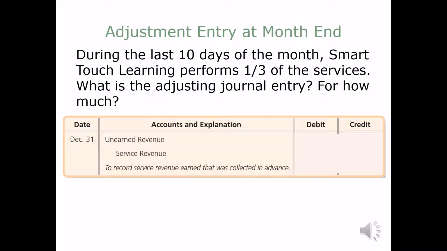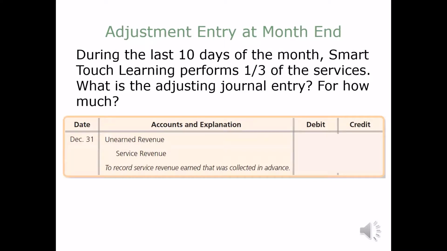First, let's take a look at the journal entry itself. We had previously posted a credit to unearned revenue, and we need to now take that out of unearned revenue and move it into service revenue since it is now earned. So unearned revenue gets our debit because it is decreasing our unearned revenue account, which has a normal balance of a credit.